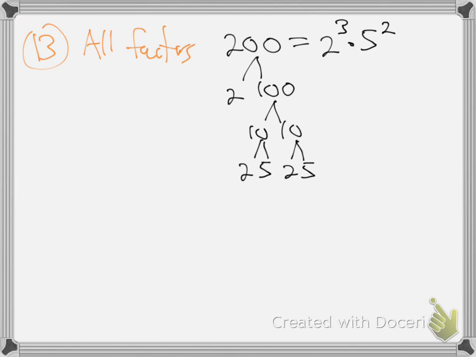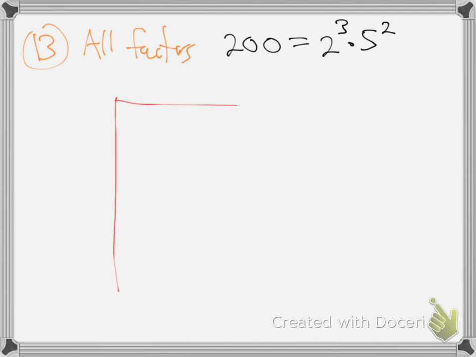All right, so now use that to make a big array like we're doing. Come up with all the building blocks. So how do we do it? Start with 1, and then you pick one of the primes, like the 2, and you go times 2, times 2, times 2, until you get 2 to the third, which is 8.